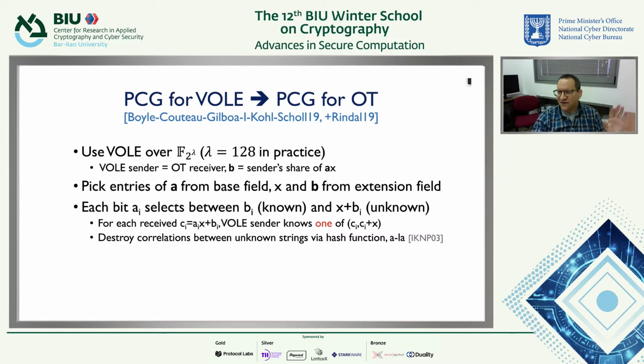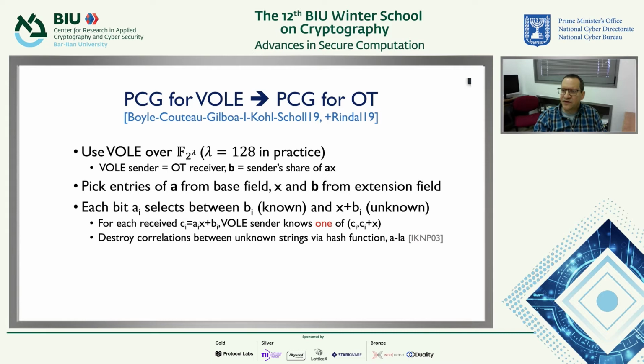So you can think of it as almost like random OT, except that every pair of strings of the sender are not completely uniformly random, but they all have the same random XOR. And then we can convert this kind of correlated OT into a standard random OT by applying a local hash function to destroy this linear correlation.